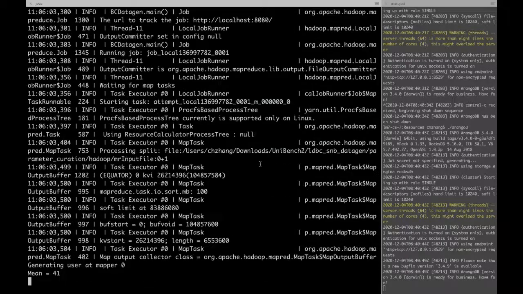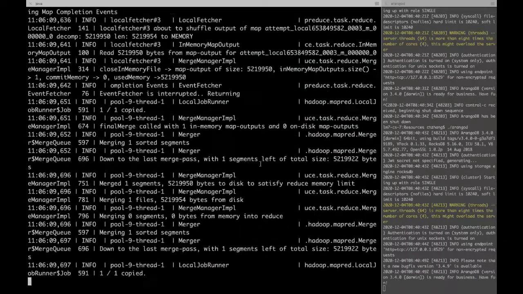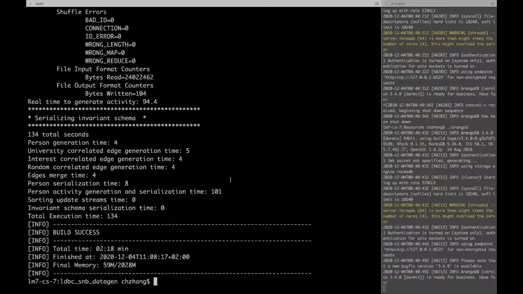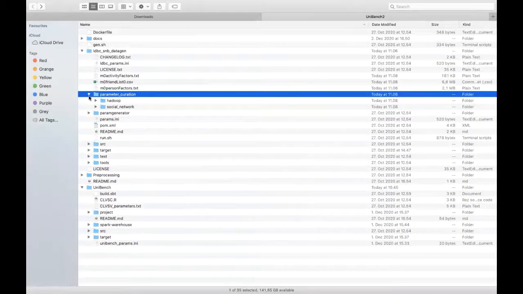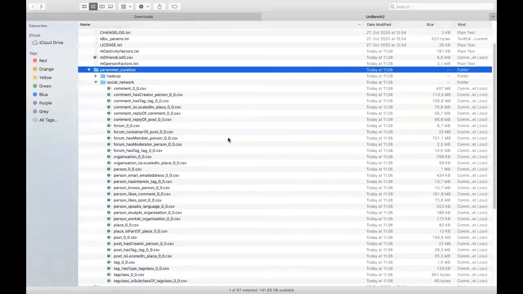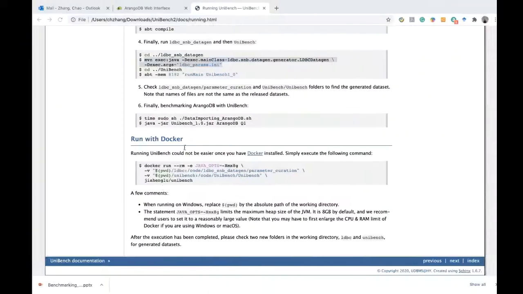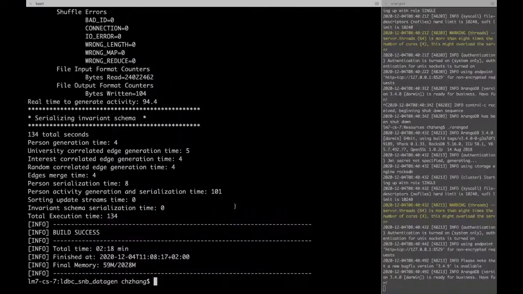So the LDBC generator is implemented on MapReduce, so it will use multiple MapReduce phases to generate the data. This phase took a total execution time of 134 seconds. And under the LDBC directory, we can see the social network graph has been generated. Okay, so the next step is to generate the multimodel dataset.